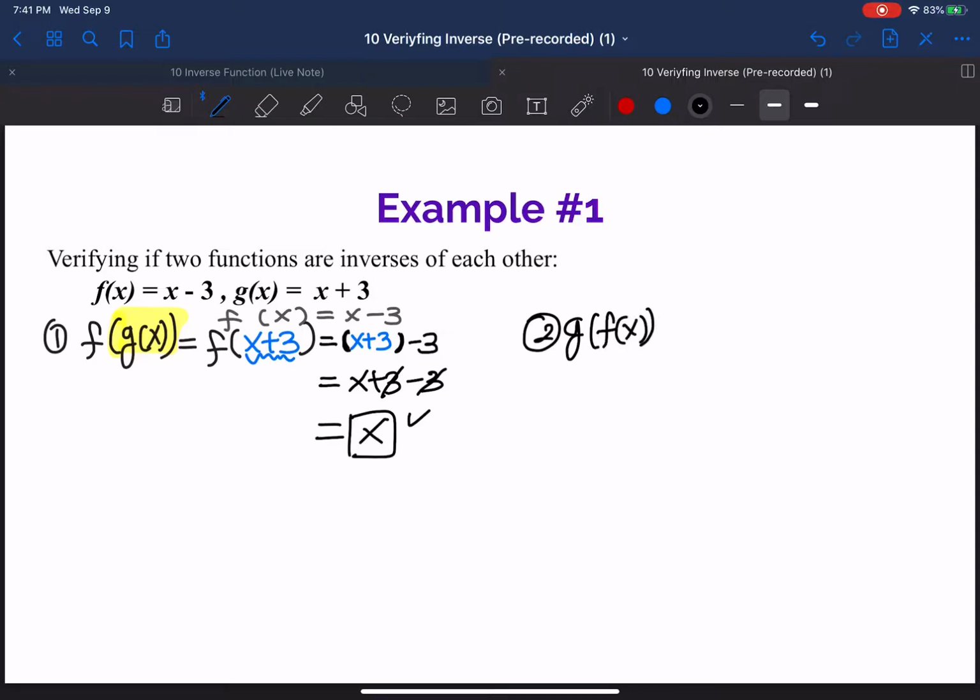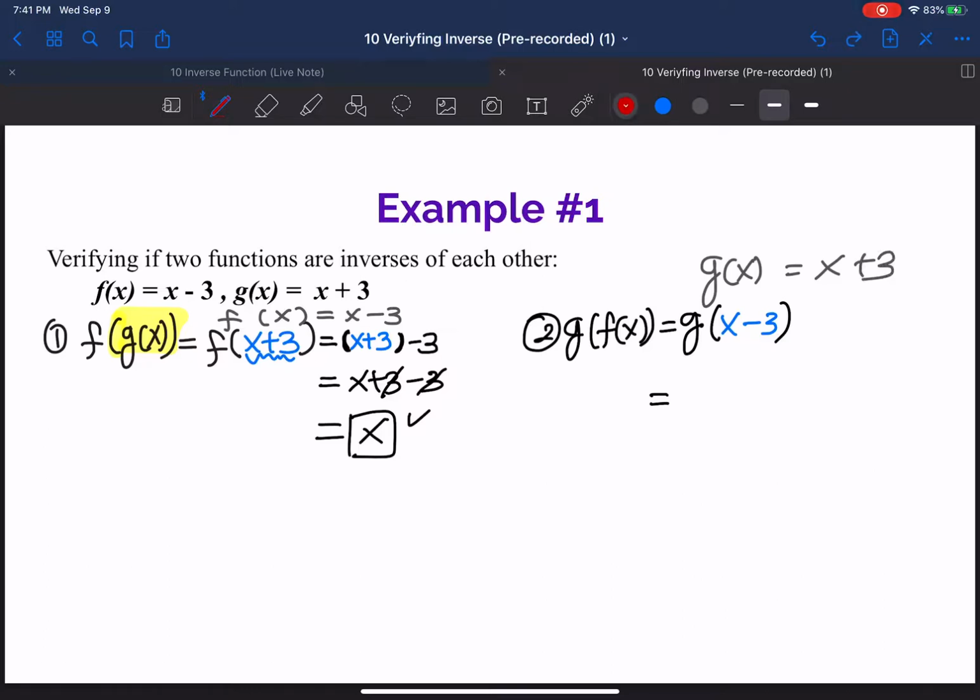We have to do g composite f of x. So switch the order. I'm going to write down g, and then how much was my f of x? It was x minus 3, equals. And if you remember, g of x was x plus 3. That was given right here, right?